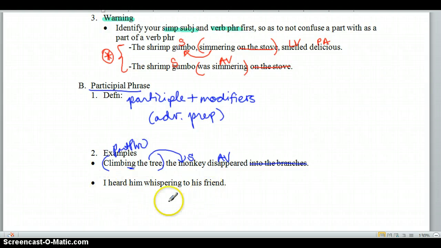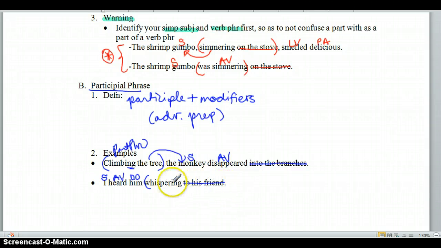If I look at this next one, I heard him whispering to his friend. To his friend. The action here is heard. Action verb. Who or what heard? I did. And I heard what? I heard him. Direct object. Whispering is your participle. Now, to his friend.